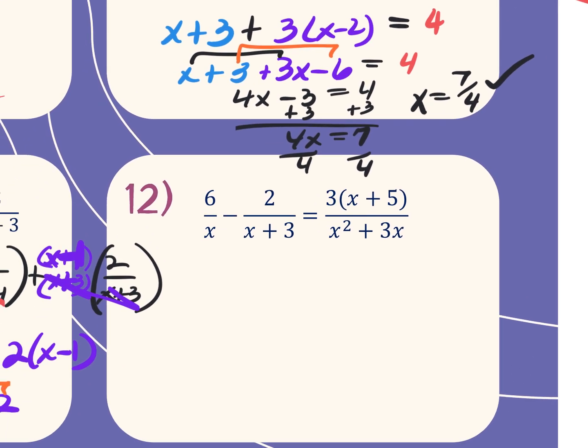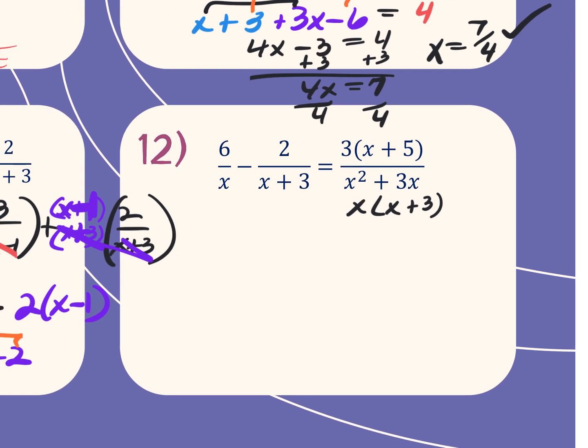And then the last one, factor the GCF out first. And notice this fraction already has the x, this has the x plus 3. So then, again, multiply all 3 of them by the x times the x plus 3. So x times x plus 3 multiplied to the 6 over x.